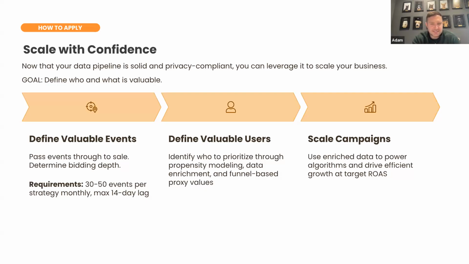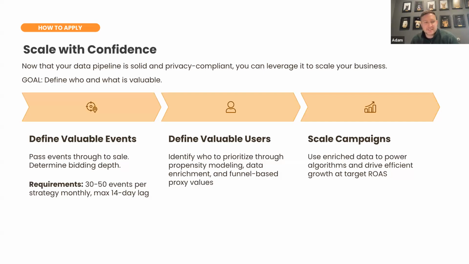Once you've figured out where along the sales funnel is your sweet spot for your business, you need to define different characteristics at that event that will give you an indication of, is this user more likely to become a sale or not?